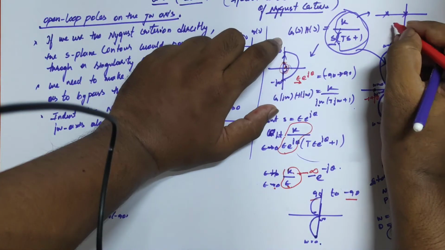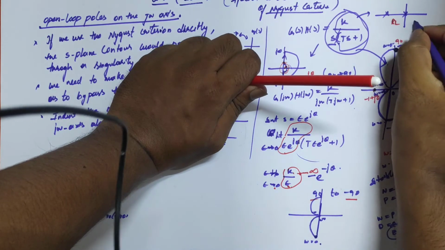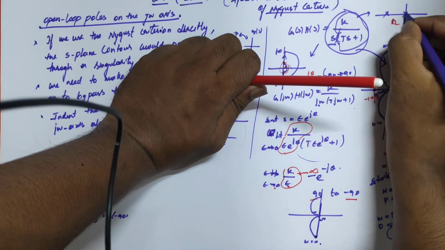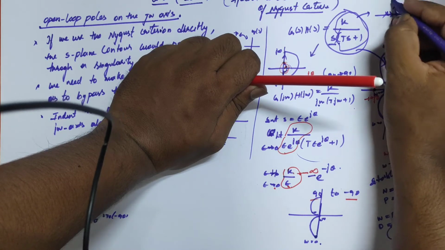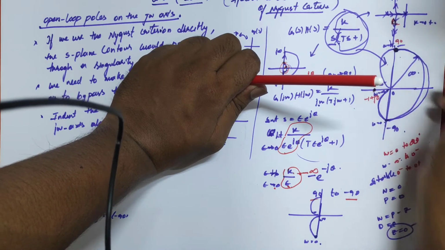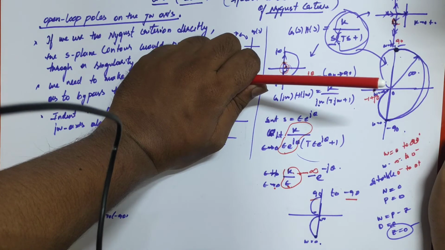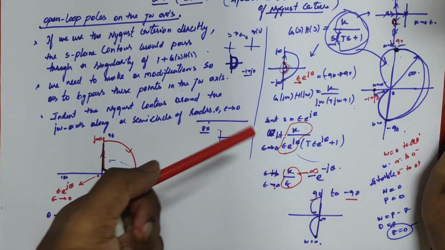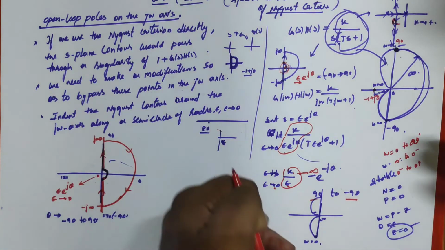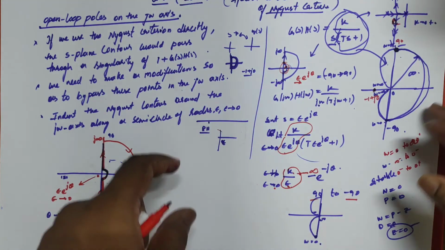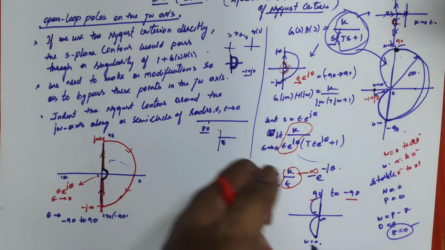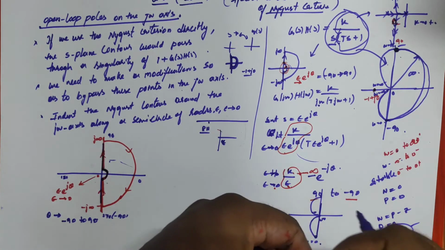Now for k equal to 0 to infinity, my entire root locus is located in the left half S-plane. Straight away I can say that my system is stable. Not a big problem. But Nyquist is saying something differently, with frequency omega varying from 0 to infinity and all these things. So there is some difficulty, but you need to know these things pretty well.